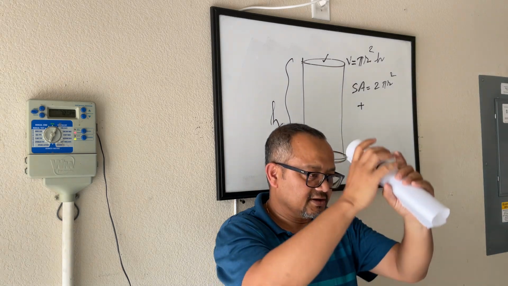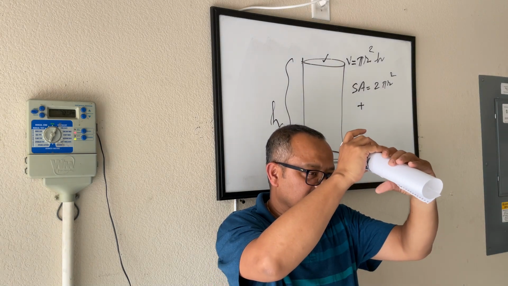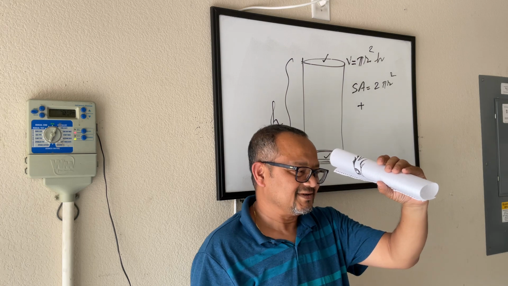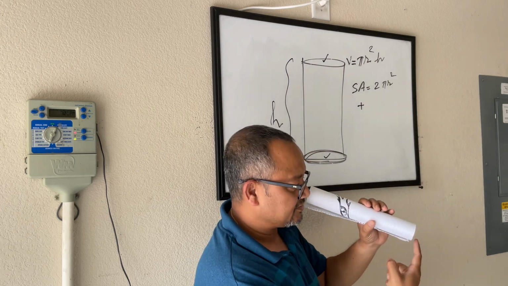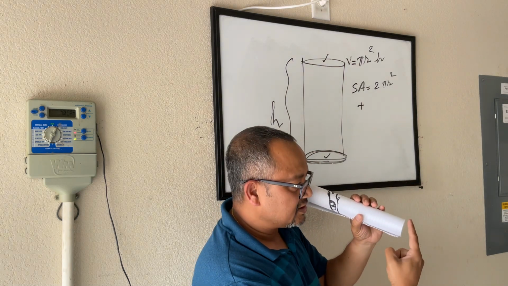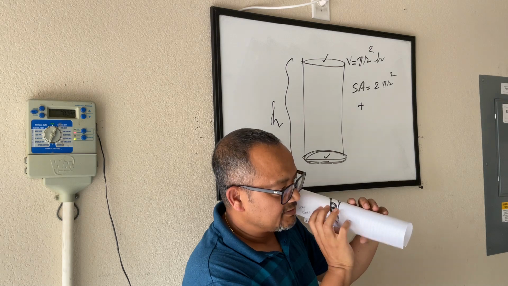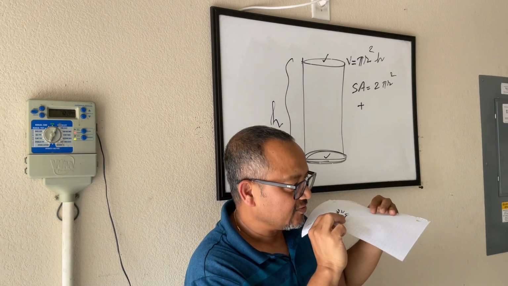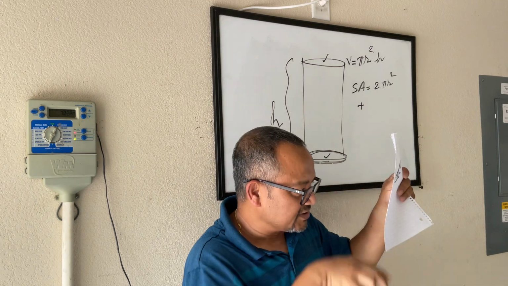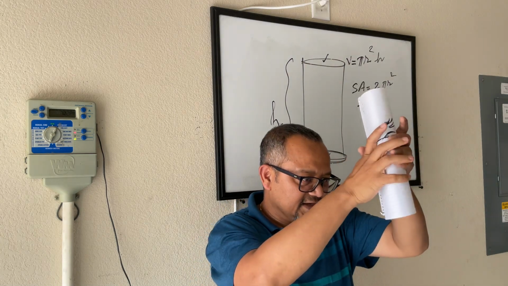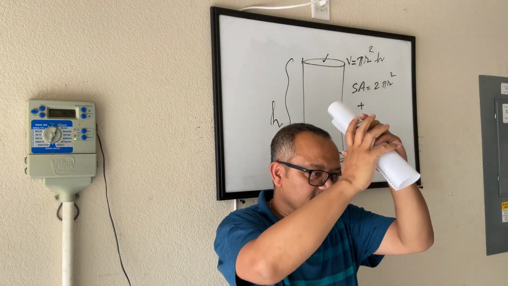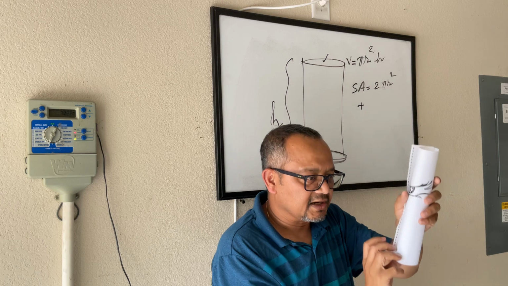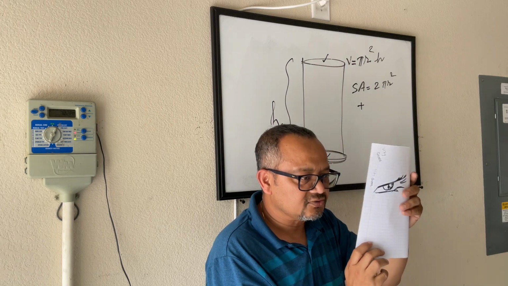See, I'm playing with this at this age. You guys have to play as well. So, what do you see here? This perimeter became one side of the rectangle. Height was there in place. See, this cylinder, when you are opening it, becomes a rectangle, and that rectangle has two sides.